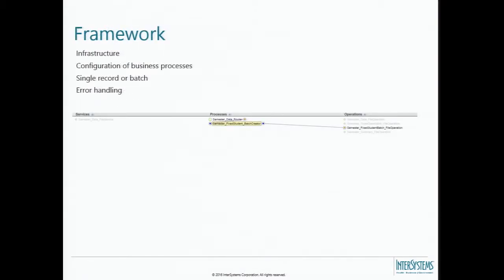Though you don't get off scot-free, you do need to have a developer at some point set up the framework in Ensemble to be able to configure all of your business components. So we provide business services which still need to be configured, and then you need to figure out things about what is the throughput, which brings you to the decision about whether you're going to do them as single records or in batch.